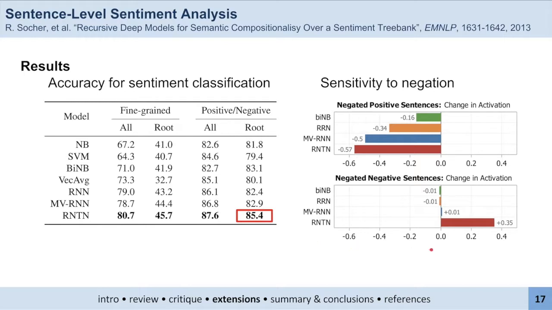On the right side, these two pictures are about sensitivity to negation. The picture above shows the sensitivity to negated positive sentences, which means how the prediction of a positive sentence changes when this sentence is negated by some negative word or phrases. An RNTN model is most sensitive.